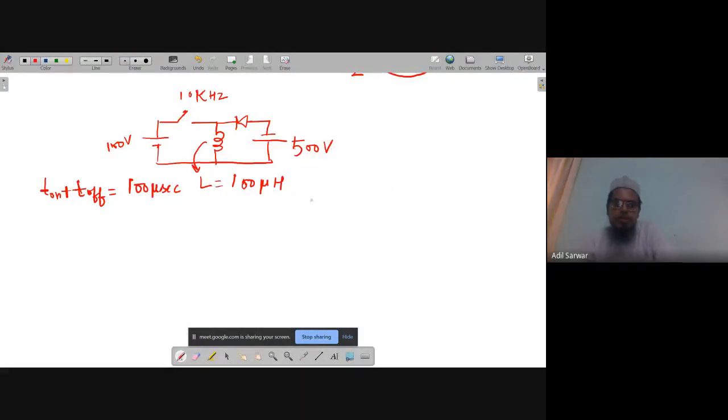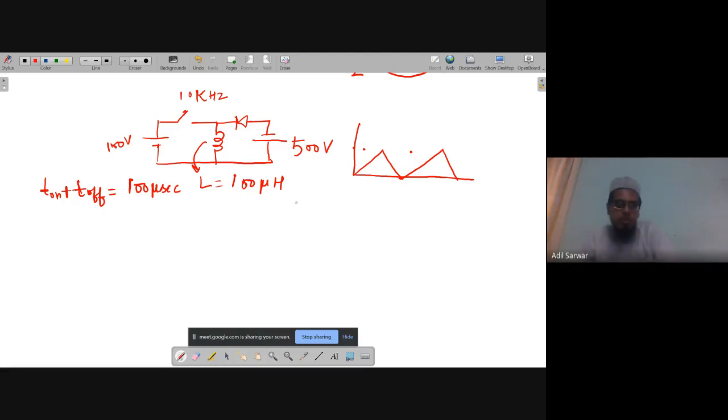And one more piece of information is given: the current through the inductor is just continuous. It falls to 0 but does not remain at 0, it just touches 0. So this is not discontinuous, it is just continuous conduction.